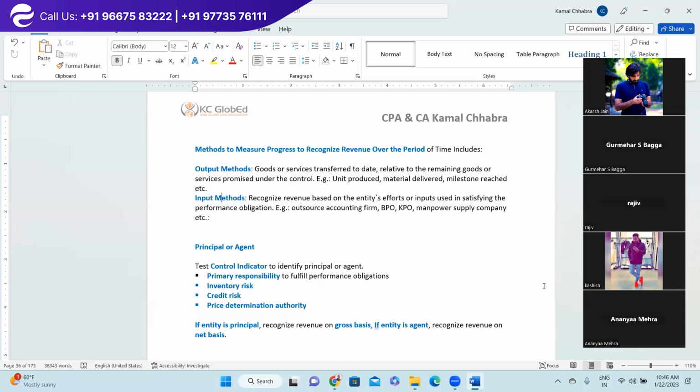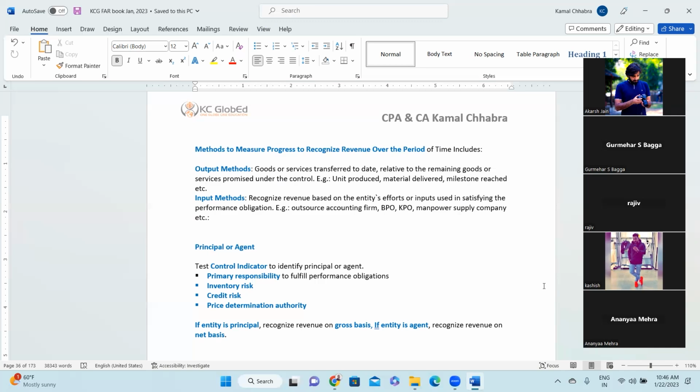And input is, as he's already stated, the input efforts which we have invested in order to deliver that service or product. These are the two categories.